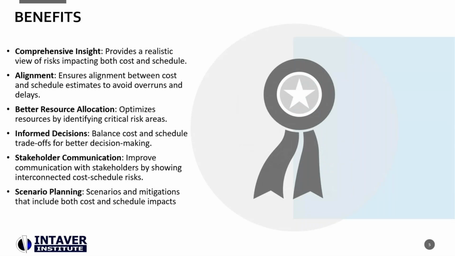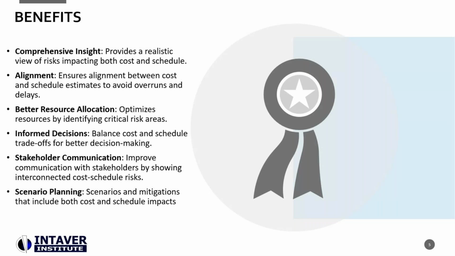So on the other side, what are the benefits? As opposed to independent cost and schedule risk analysis, the integrated cost and schedule analysis provides a realistic view of risks that impact both cost and schedule. That is the cliche that time equals money.